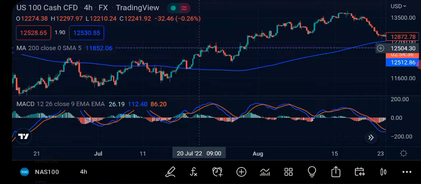That is all you need to draw, because the 200 MA and the MACD, the moving average convergence divergence, always replicates on other time frames. So all you need to newly draw would be the support and resistance levels.